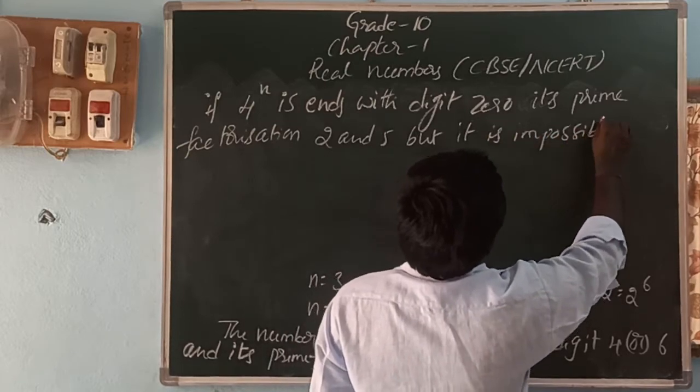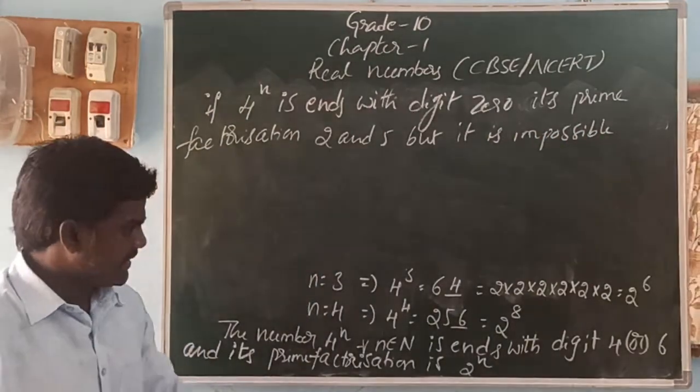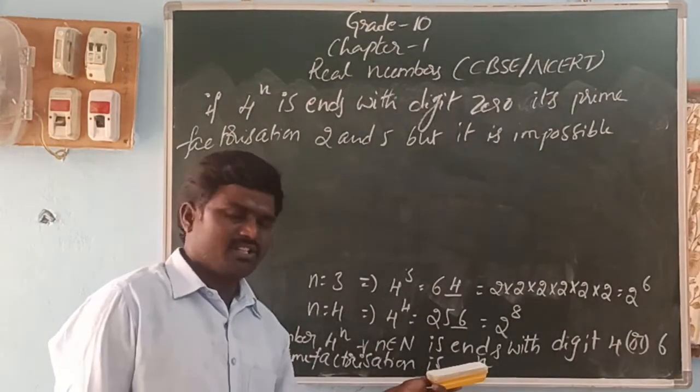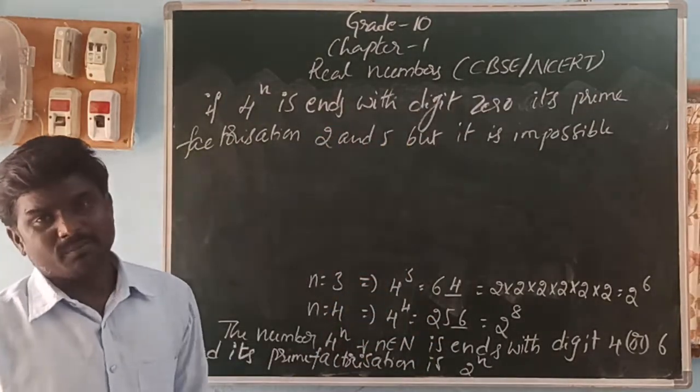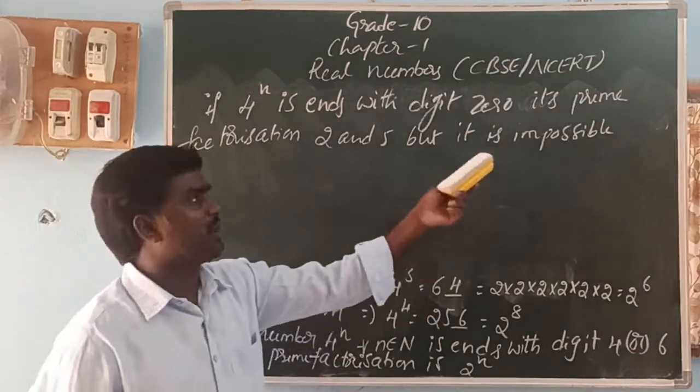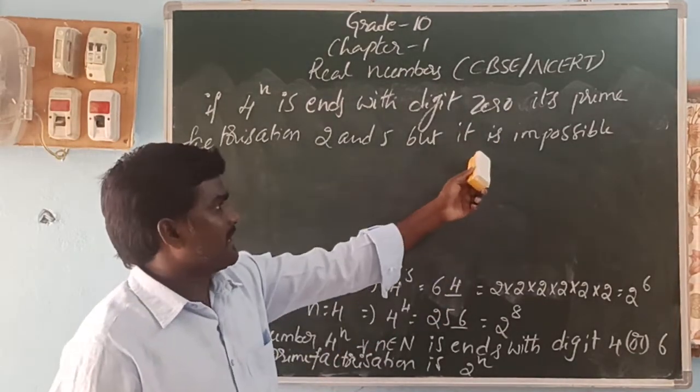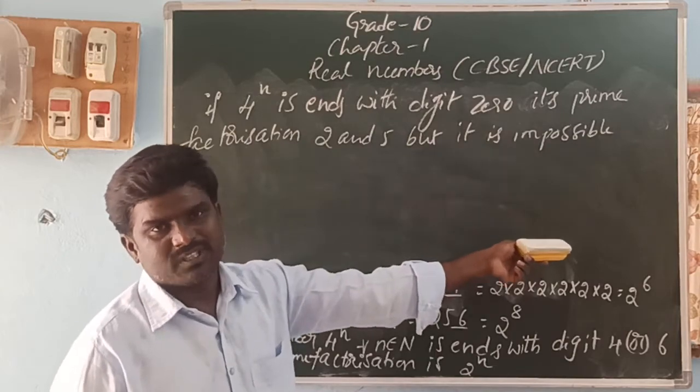Why? The number 4 power n ends with the digit 4 or 6, and its prime factorization is 2 power n. If it ended with the digit 0, it would be divisible by 2 and 5, a multiple of 2 and 5. But here it is divisible by only 2. That's why it is impossible.